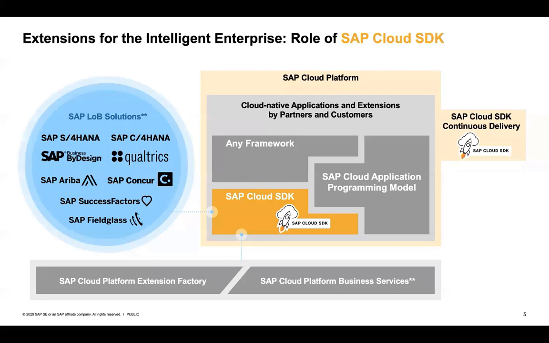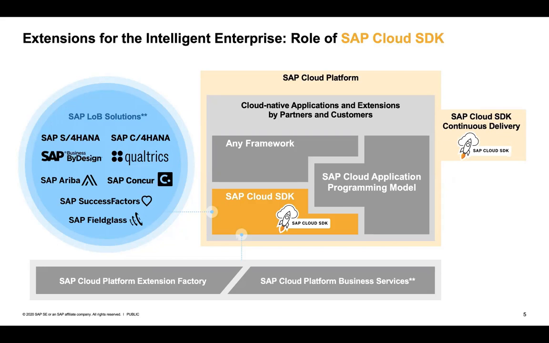We see the Cloud SDK in the middle in yellow, acting as a bridge to different SAP products. On the left side, you see S4HANA, C4HANA, and so on. And also, looking at the bottom, we see the SAP Cloud Platform services that can also be very easily consumed using the SAP Cloud SDK.